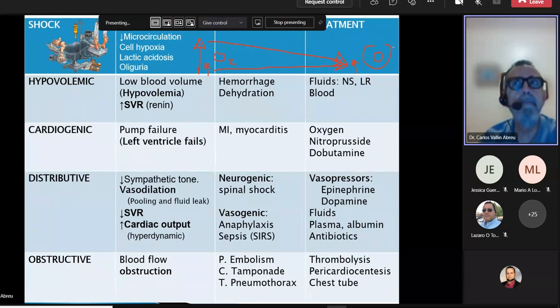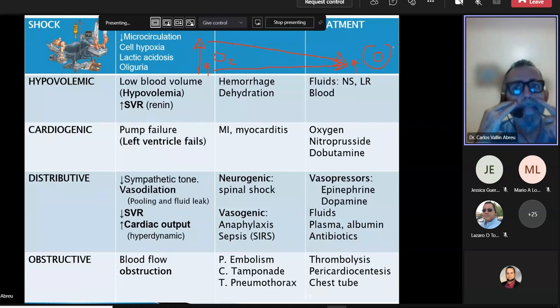When the blood pressure is low, the brain becomes upset because the brain needs blood pressure for irrigation. And the brain activates the sympathetic nervous system. For that reason, you have an important release of epinephrine. So you are going to expect tachycardia, and a tendency to vasoconstriction.